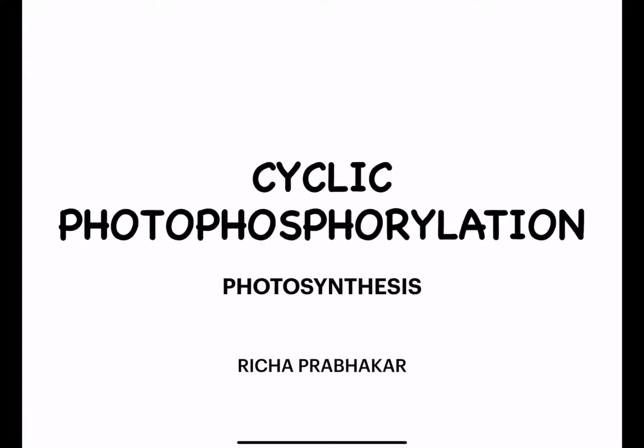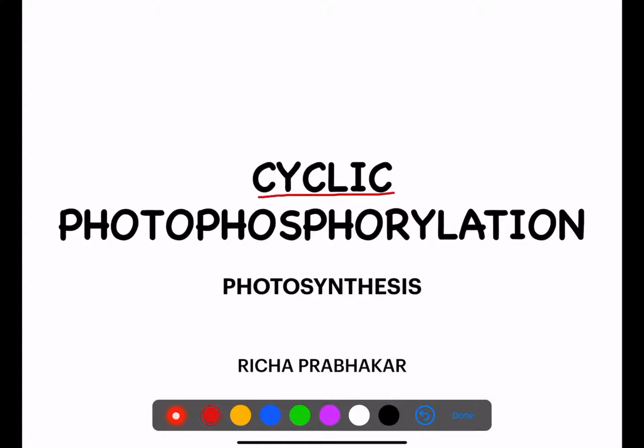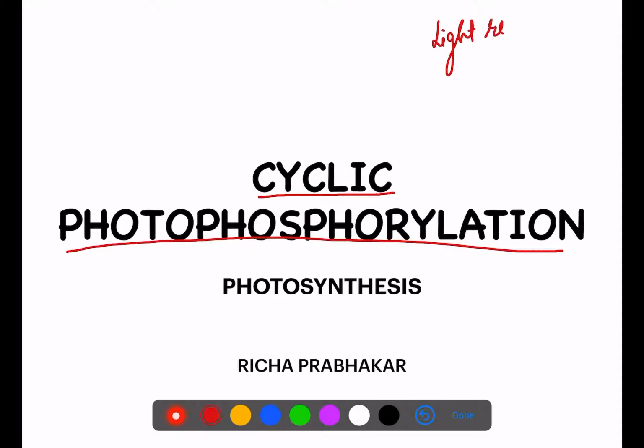So, today our lecture is about another phase of light reaction, that is cyclic photophosphorylation. As you know, light reaction completes in two phases: one is non-cyclic, where we discussed the electron transport chain, and the other is cyclic photophosphorylation.